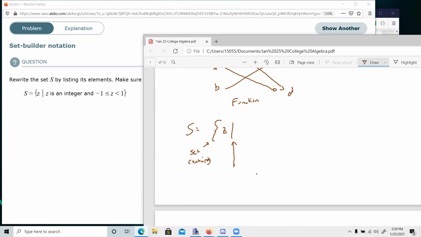This bar here means such that. So S is the set, but we're going to have Z's as elements, such that Z is an integer, and it's somewhere between -1 and +1.